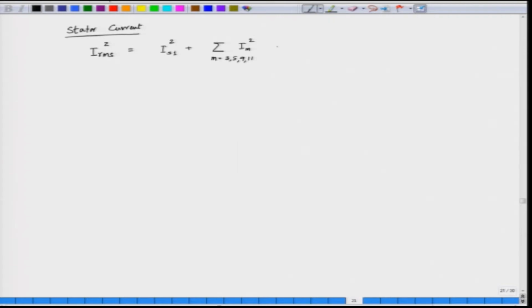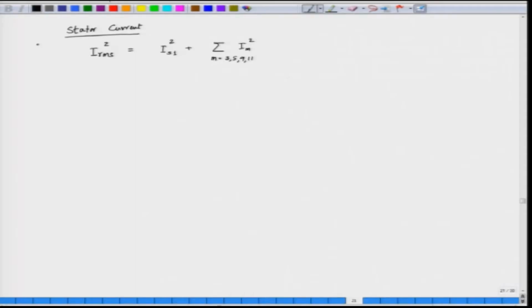Now, the stator can have two possibilities. The stator can either be delta connected or it can be star connected. If the stator is delta connected, which means the windings are connected in delta, the stator currents will consist of all odd harmonics, because there is a possibility of the triplen harmonic also to flow.